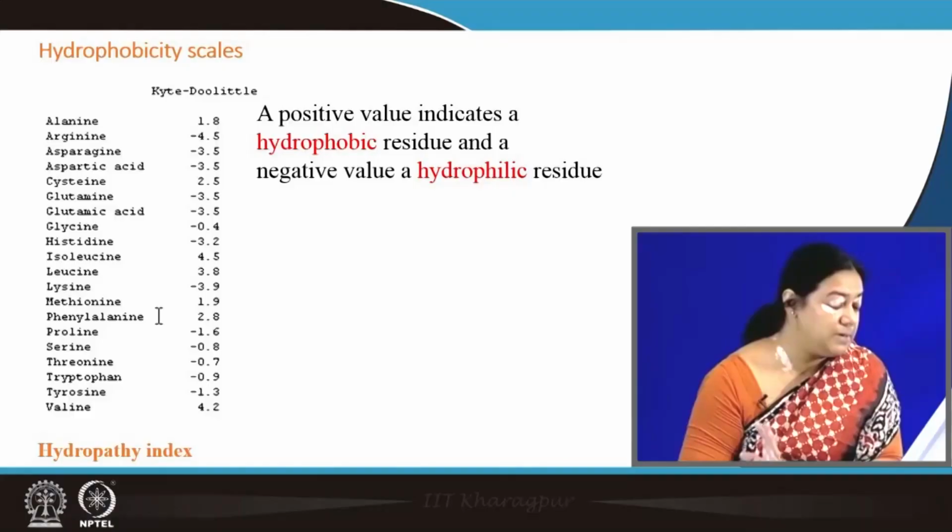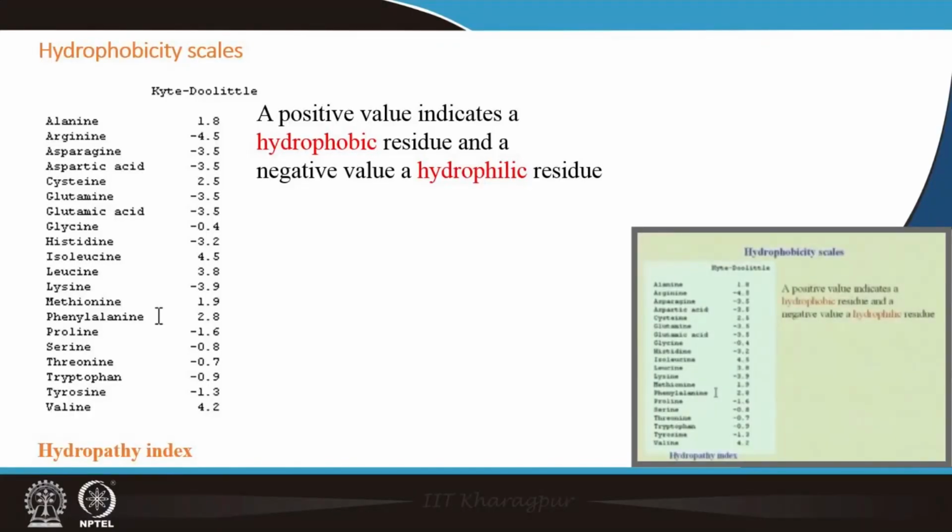It has a positive charge but a negative hydropathy index indicating that it is a hydrophilic residue. It would rather remain on the surface of the protein than be embedded in the protein. Aspartic acid, arginine, glutamic acid, glutamine, all of these are hydrophilic residues. Okay, and the ones that have positive values here are hydrophobic residues.